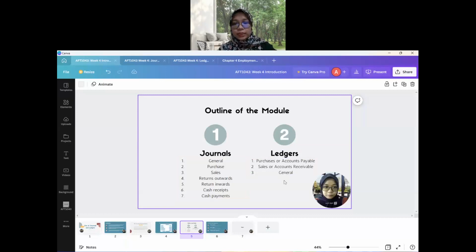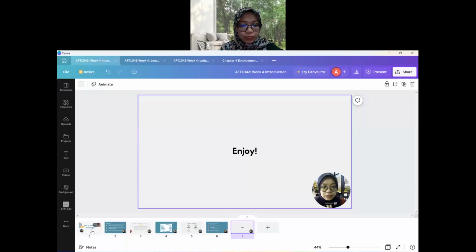Okay. But for ledgers, kita biasanya kita akan buat general ledger lah. Okay, campur each of the journal entry and then we record it in the respective T account. Okay, itu sahaja. So, in this chapter, jangan pening-pening.